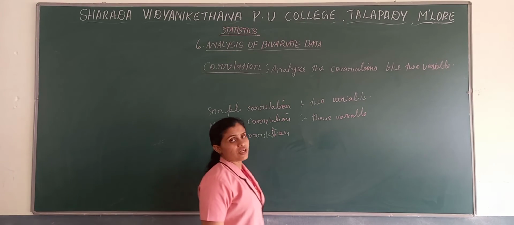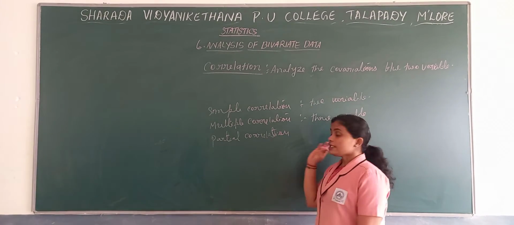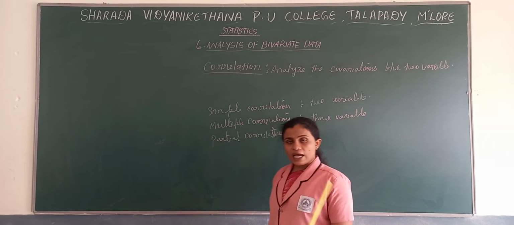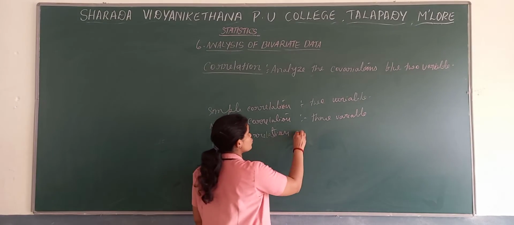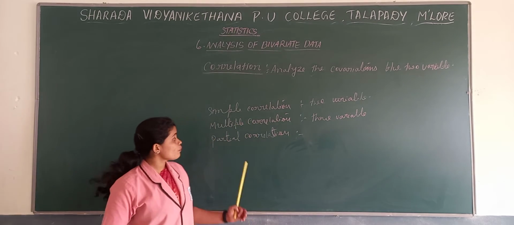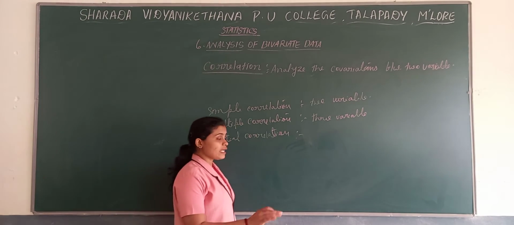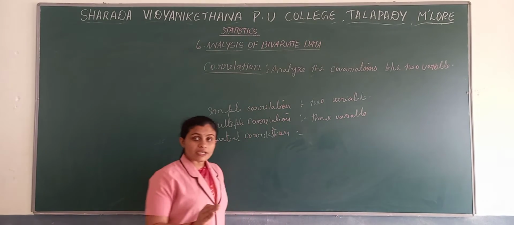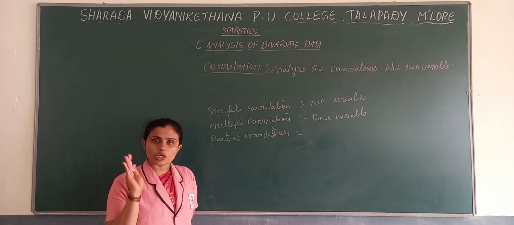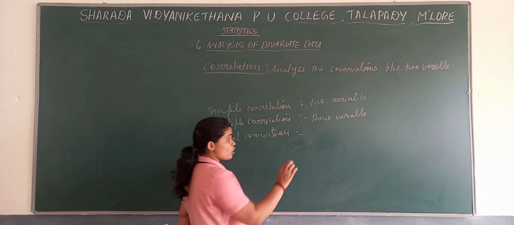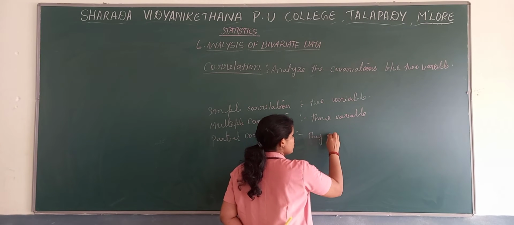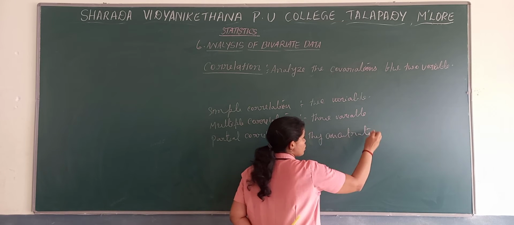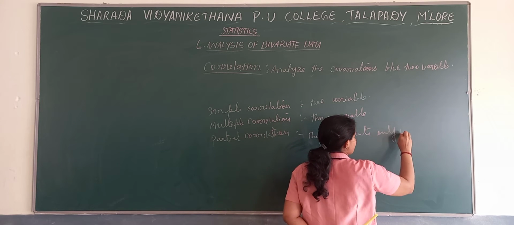That is three variables, that we call multiple correlation. Partial correlation means they identify more than two variables, but they concentrate only on two variables.